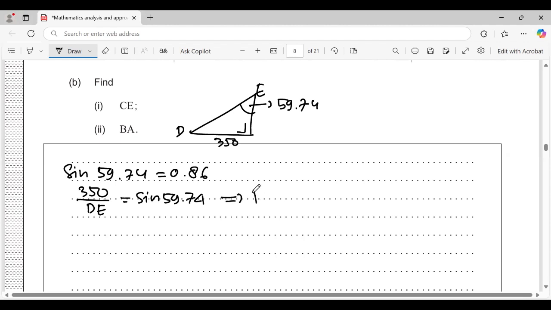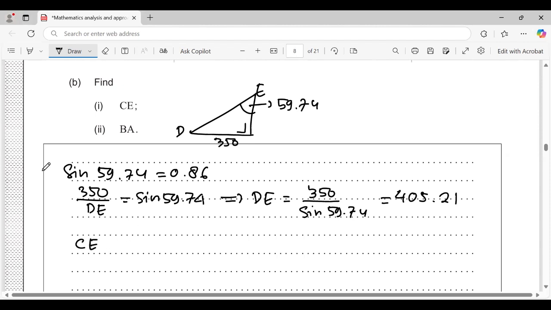So we can determine DE. DE equals 350 over sine 59.74. And the result is 405.21.